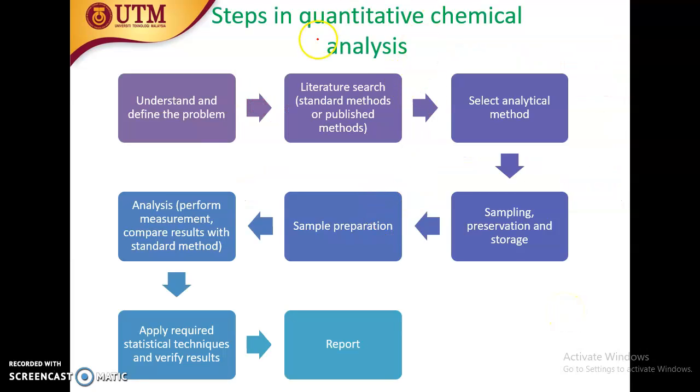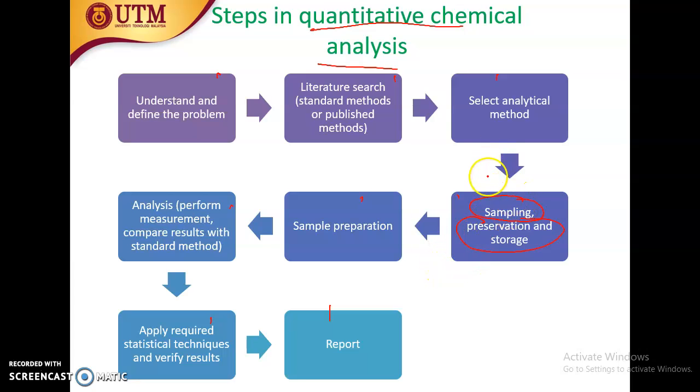So quantitative chemical analysis consists of 1, 2, 3, 4, 5, 6, 7, 8 steps. Sometimes it is extended into 9 because sampling stands on its own, as compared to preservation and storage. But in this case, it's 8, but most of the time it's 9.